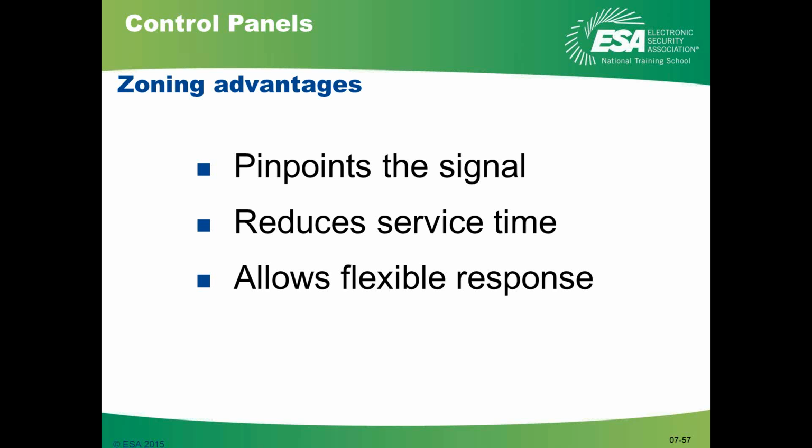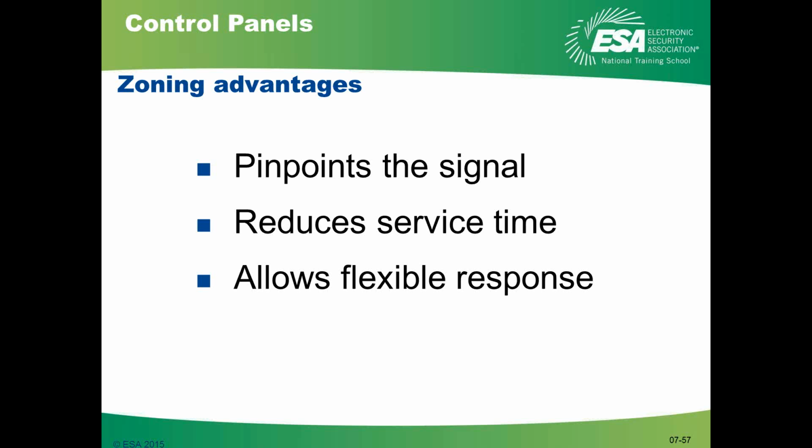Today, labor is more expensive than product. So anything that a company can do to reduce the amount of labor they spend on service is in their best interest. And the codes, 730, 731, also talk about having one device per zone.